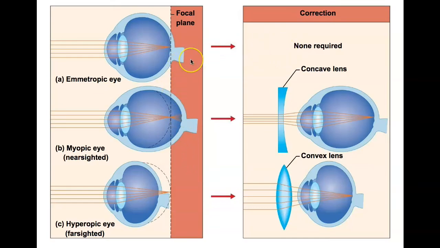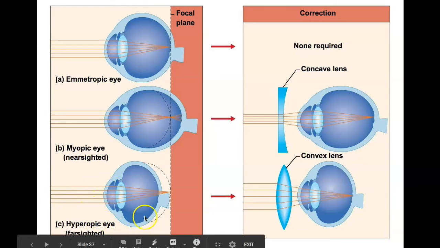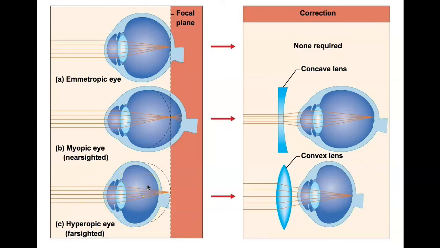Now, these two diagrams here should look familiar if you read the article about being farsighted or nearsighted. I happen to be in the category down here with hyperopic eyes. I am farsighted. And so again, what's happening with these different conditions, if you have a normal eye, if your eye is emmetropic, what that means is that you have the right distance, your cornea is okay, and your eye is just the right size so that when all those light waves intersect and meet, they meet at the focal plane.